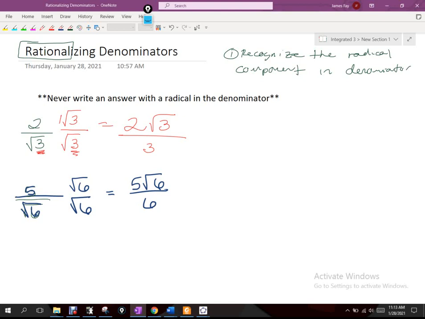The one thing that both these examples have shown is that when I'm done, in that first one, the 2 and the 3 on the top and the bottom are what we refer to as relatively prime to one another.